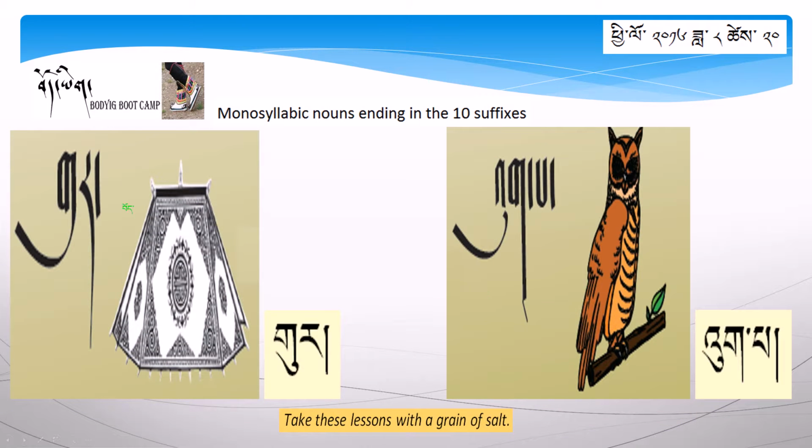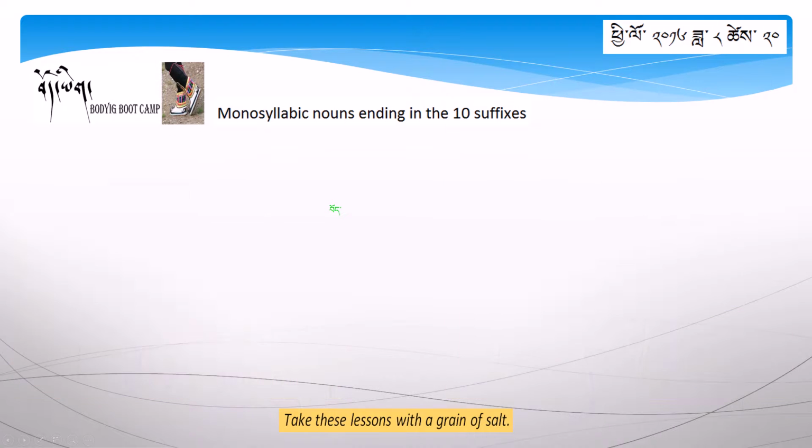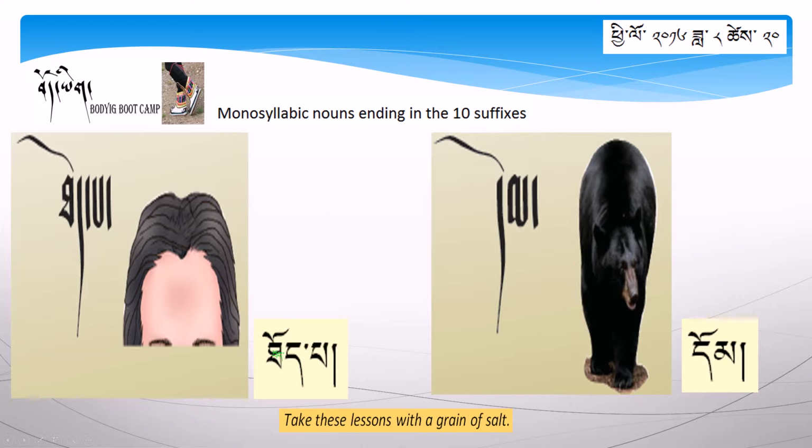Now the next two examples are Kashabju Kurakur, Hashabju Uka Ukpa Ukpa. And Kur means tent, Ukpa means owl. And again, these are the 10 suffix letters, right? Then the next two examples are Tanaro Teta Tupa Tupa, Tanaro Toma Tom.